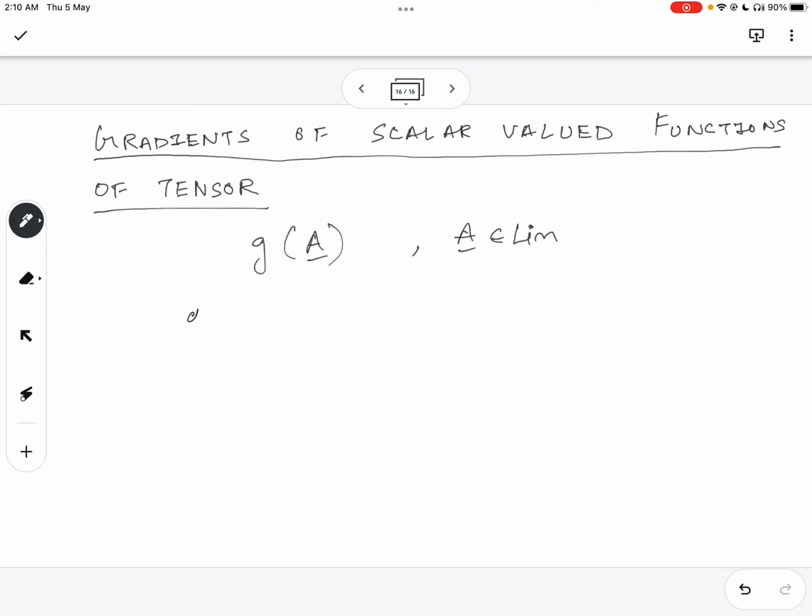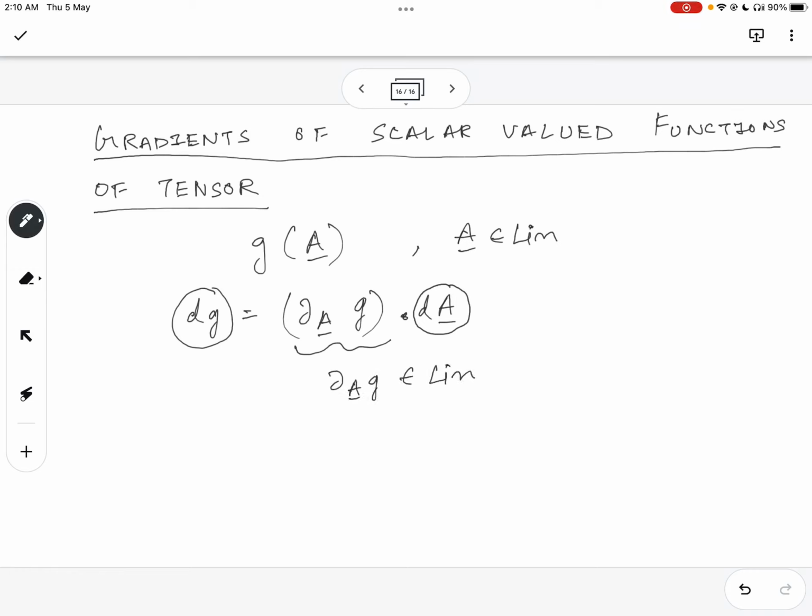So taking the differential, we can write dg as nothing but the partial differentiation of g with respect to A dotted with dA, as this quantity is a scalar and this quantity is a tensor. This also belongs to Lin. This is a dot product of two tensors. So del g by del A also belongs to Lin, which is understood to be the gradient of g with respect to A.